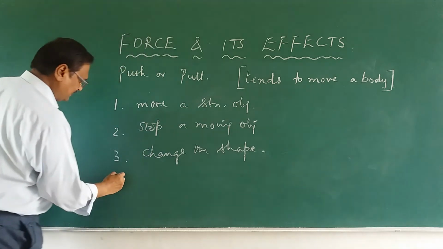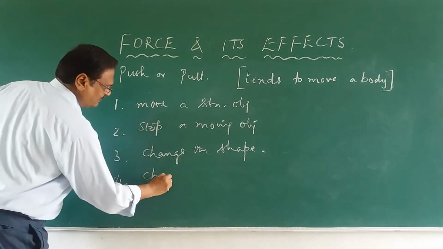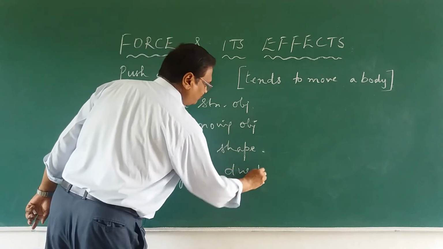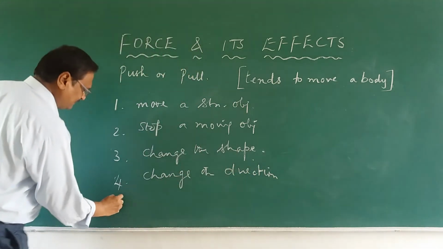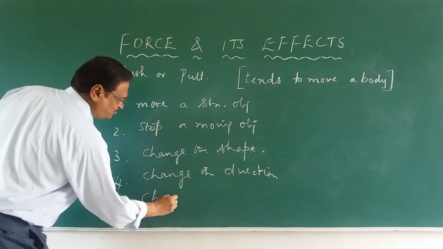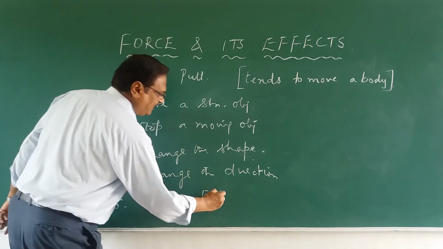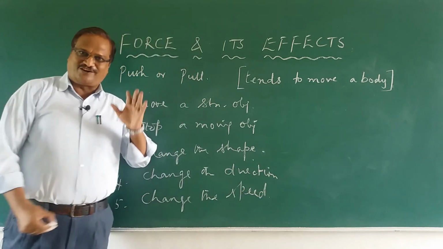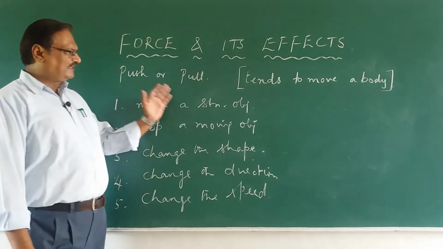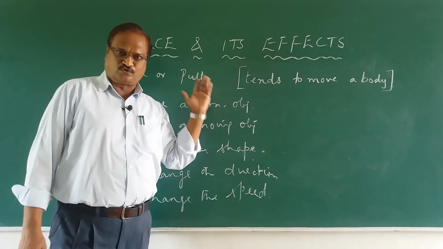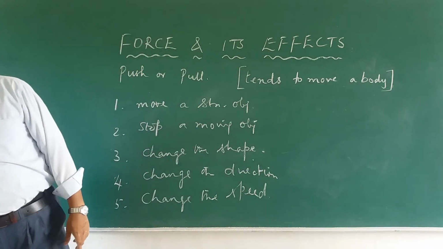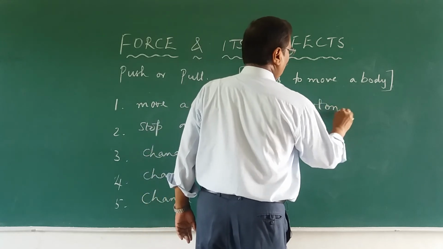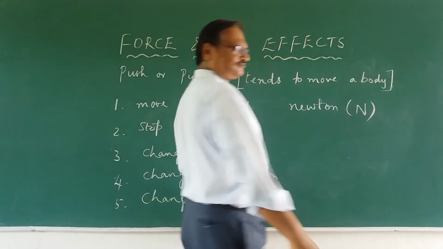Four, it can change the direction of the object. And the fifth one, it can change the speed of the object. So these are the different effects of force, and Newton is the unit of force.